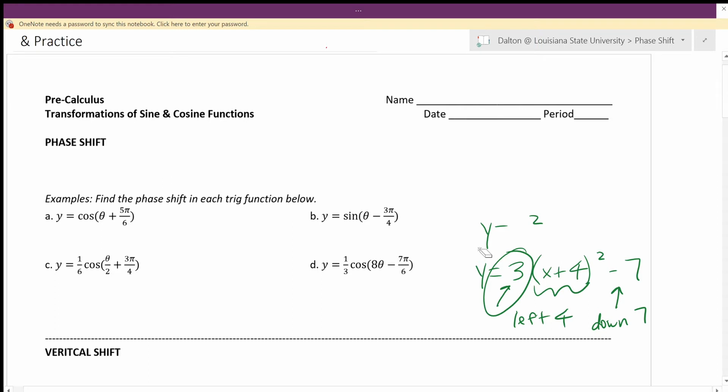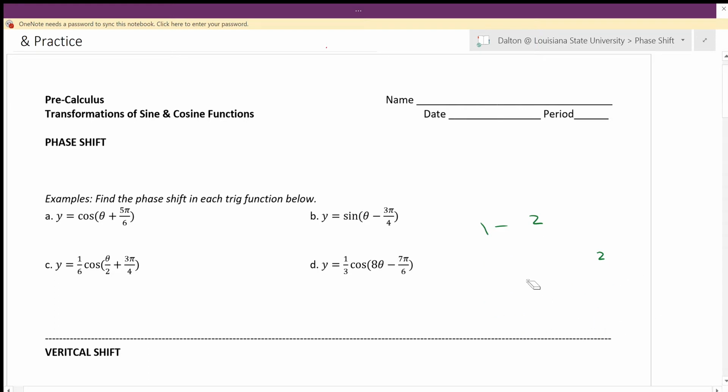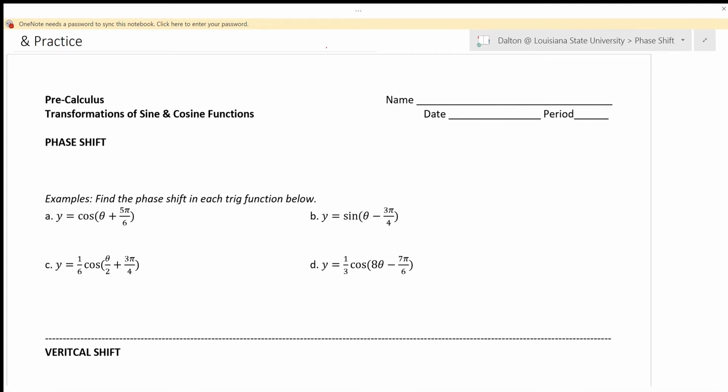Okay, so before I even do that, again, you don't need to draw this. If you look at the sine and the cosine functions, I'm going to graph the sine function in blue. The sine function would look like this.